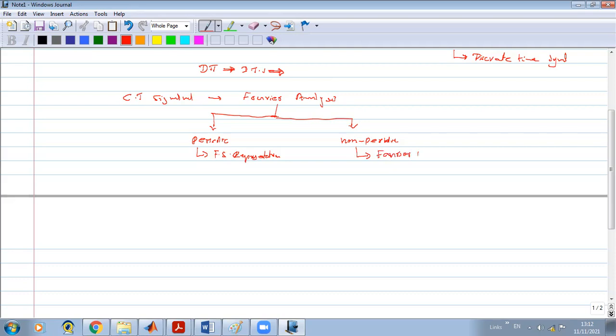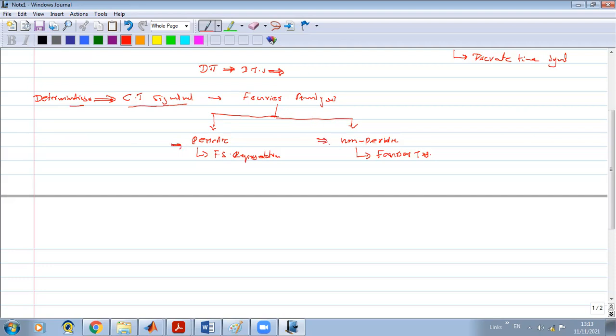So this Fourier series representation and Fourier transform we already learned for analyzing continuous time signals, periodic and aperiodic. You can also remember that these are deterministic signals, not random signals. So we have done one discussion about Fourier analysis with respect to deterministic continuous time, periodic and non-periodic signals.